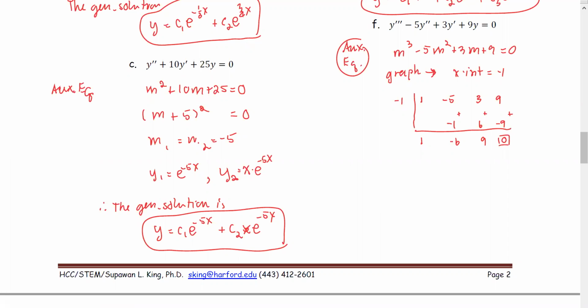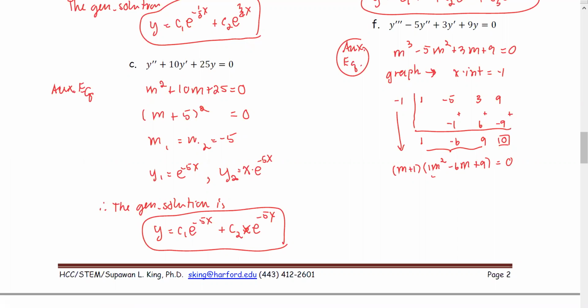When we get 0, that means the rest of the numbers give you the coefficients of the rest of the terms. So then m to the third minus 5m squared plus 3m plus 9 can be factored as m plus 1, from the known x-intercept, multiplied by m squared minus 6m plus 9 equals 0.